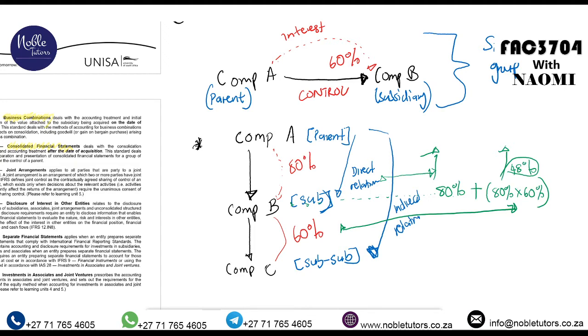So this kind of group is known as a vertical group, because it is going down.